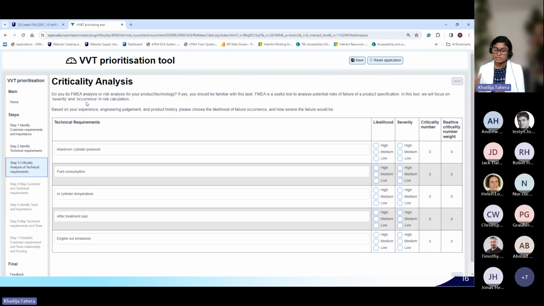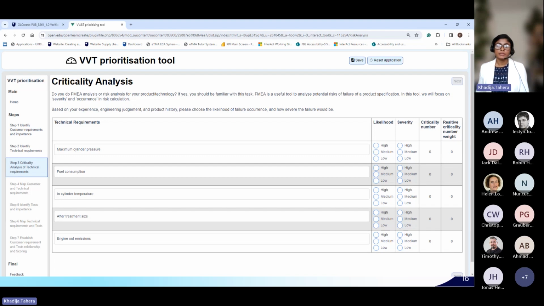We have discarded those steps, but we are just thinking, if that technical requirement fails, to simplify, what is the likelihood of failing, and if it fails, what's the severity. It's a typical risk assessment process.